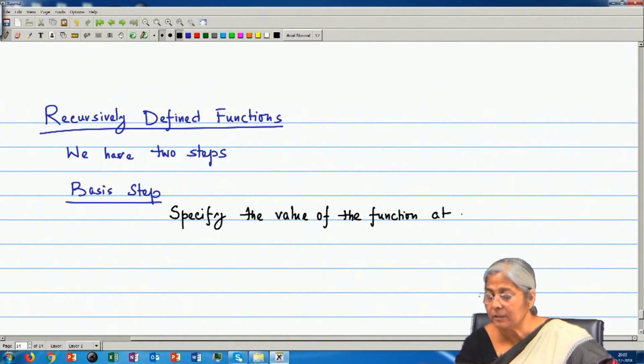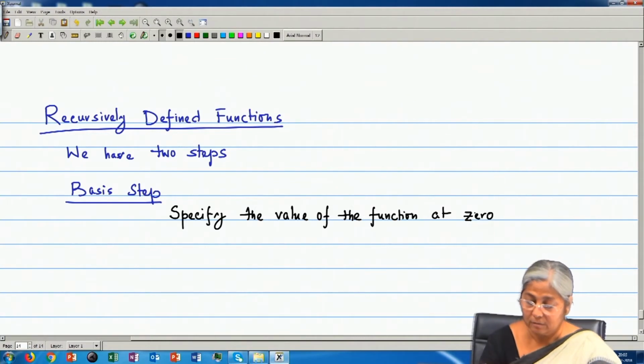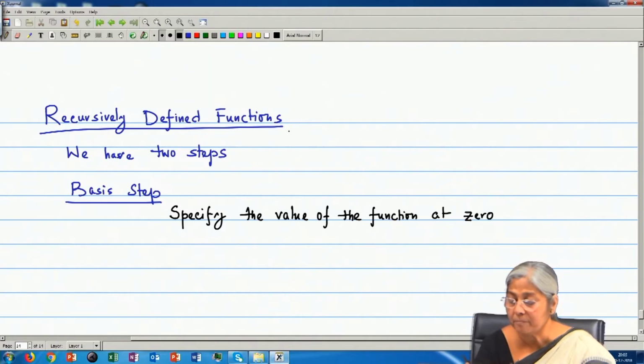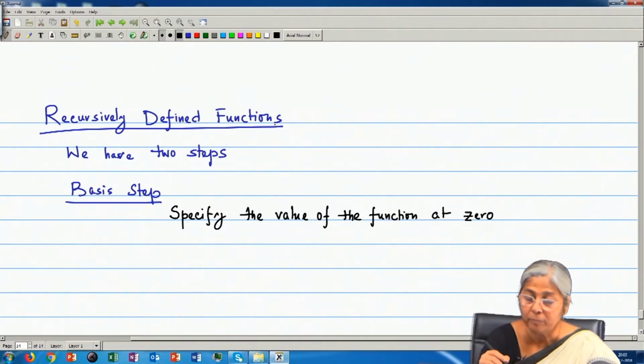say I am considering at 0. Then the recursively defined function must have some well defined domain.